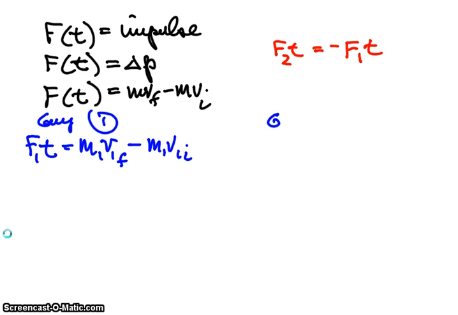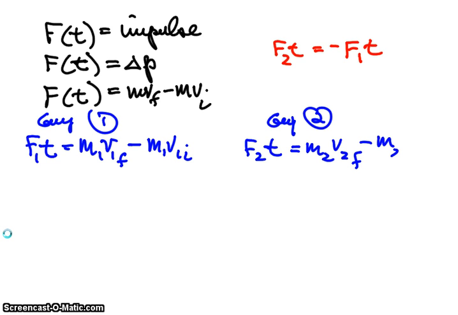On guy 2, we would then have F2t equaling m2 v2 final minus m2 v2 initial. Of course, their initial velocities were, we presume, both 0. But regardless, we now have these equations right here, this one and this one. However, we also have this relationship.